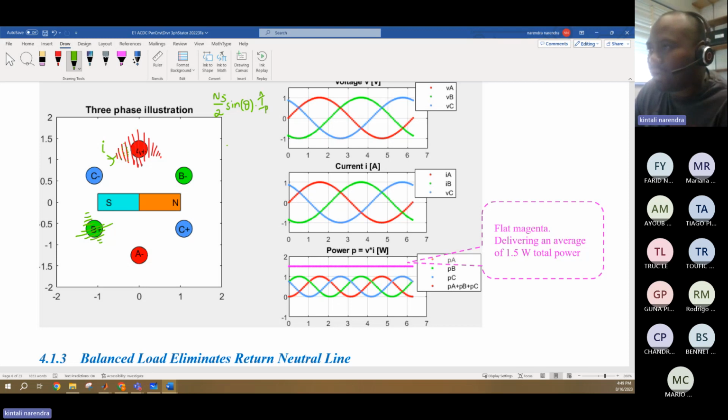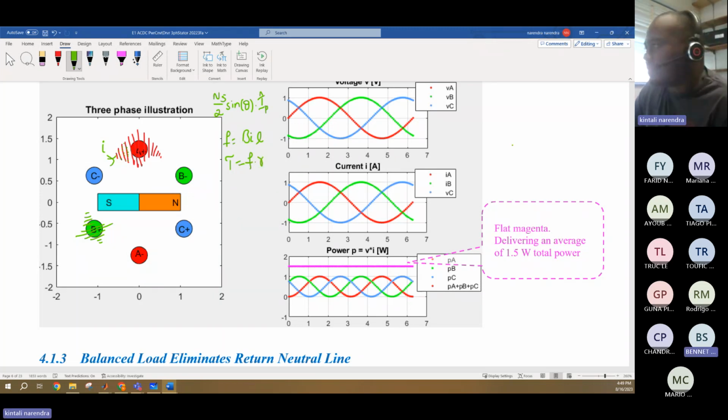Now what I'm saying is force, electromagnetic motive force, F is equal to B I L, and torque is nothing but force into radius.